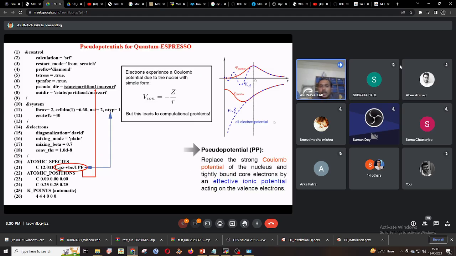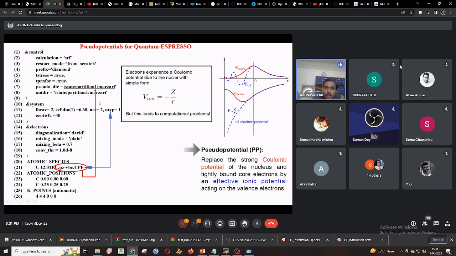Now come to the pseudopotential part. What we have discussed is that under atomic species, we need to provide the atom, atomic weight, and pseudopotential. Now, this pseudopotential should be included in the pseudo directory. So you need to provide the pseudo directory, and as I have told you, this file should be present in it.